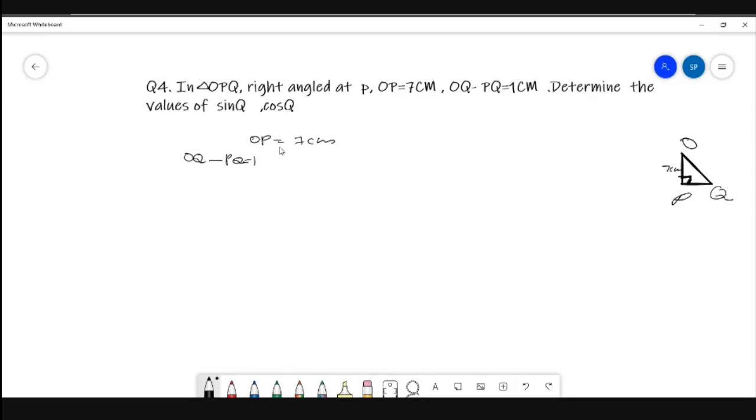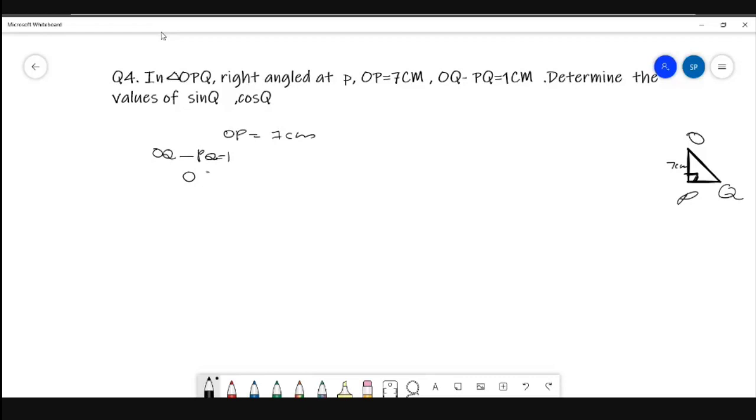So from this we can see that OQ equal to 1 plus PQ. OP we got 7 centimeter and OQ equal to 1 plus PQ. Now we can use the Pythagoras theorem in triangle OPQ.